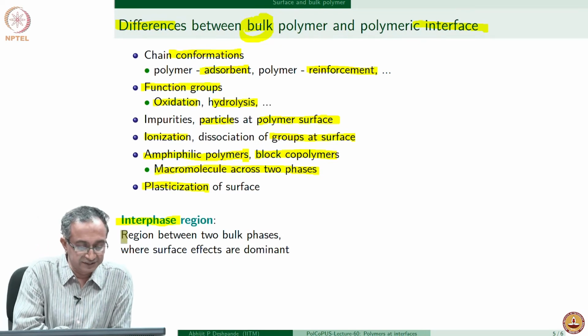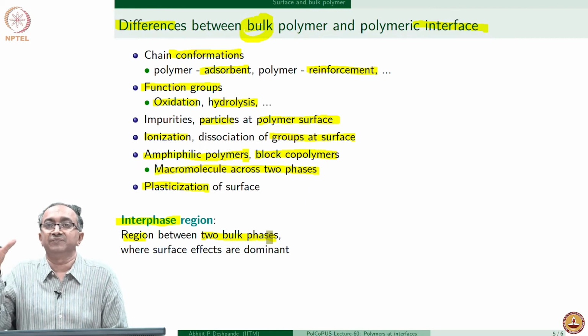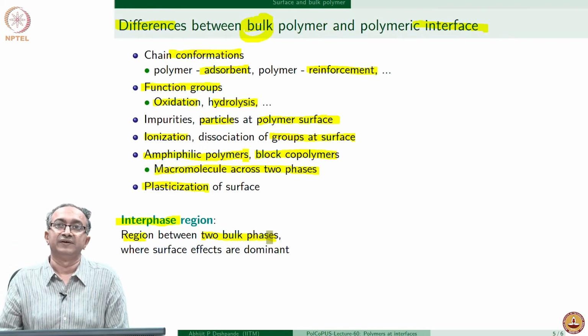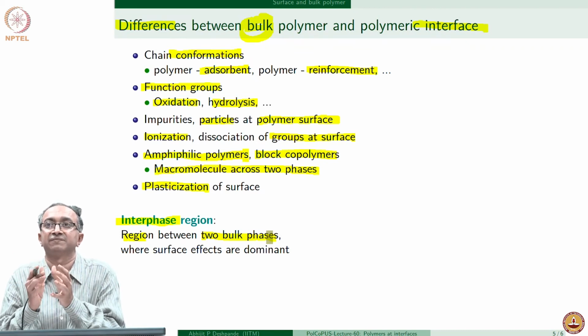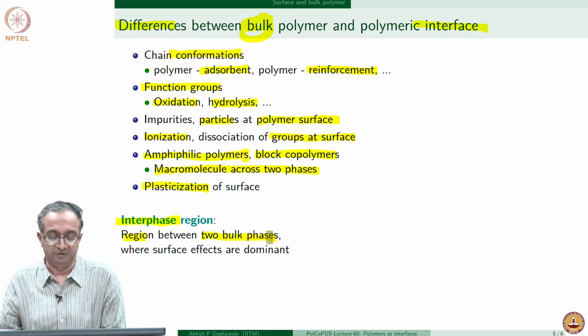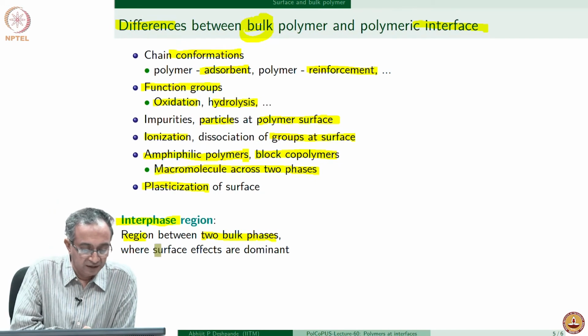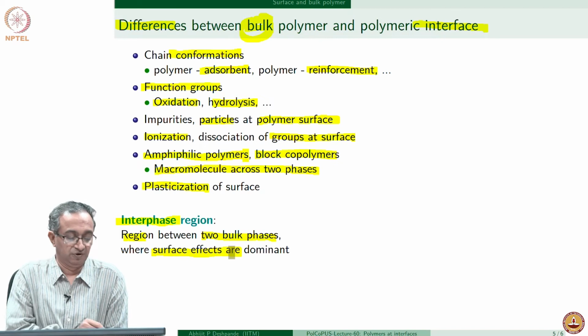Therefore, it is a region between two bulk phases. So, there is a fiber phase, there is a macromolecule phase, and then there is an interface. Because of the interaction between fiber and macromolecule, the behavior in that interface is different compared to either the fiber phase or the macromolecule phase. And this is where the surface or interface effects are very dominant.